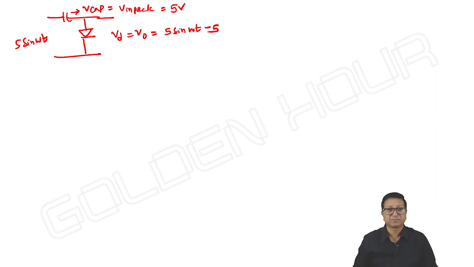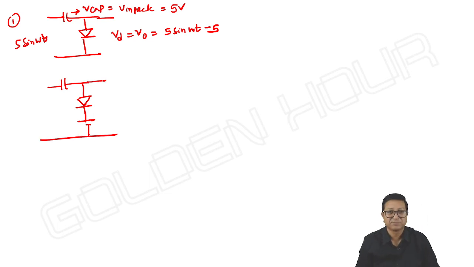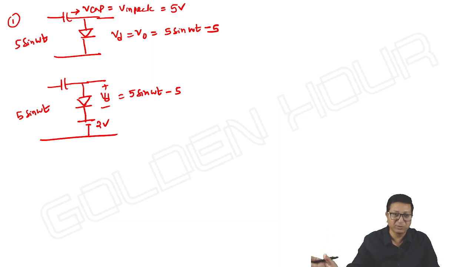That's it. First point. Next case, what we are doing is, I am placing here a reference voltage of 2 volts. Then the input is 5 sine omega t. Then what about the Vd? Vd remains the same. Vd is 5 sine omega t minus 5 only, no doubt about it.